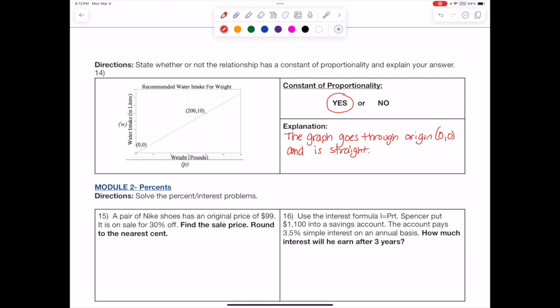Those are the two big things: going through the origin (0, 0) and being straight. And that's what makes it a proportional graph. Okay, and so that's all you need to do for that.